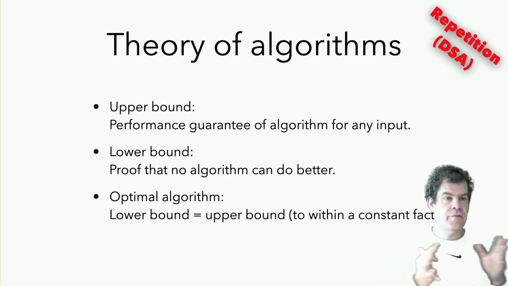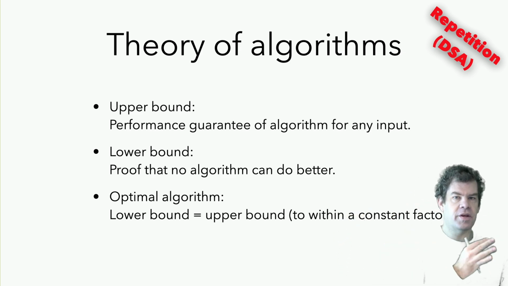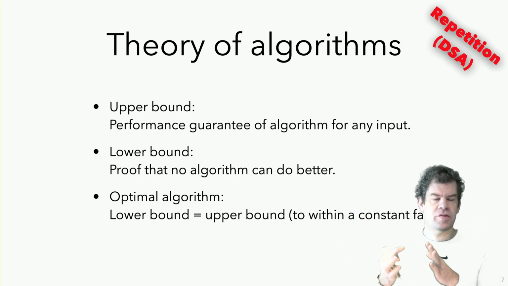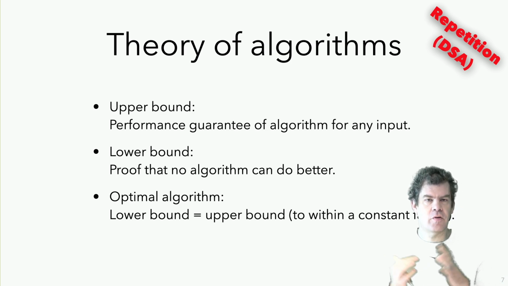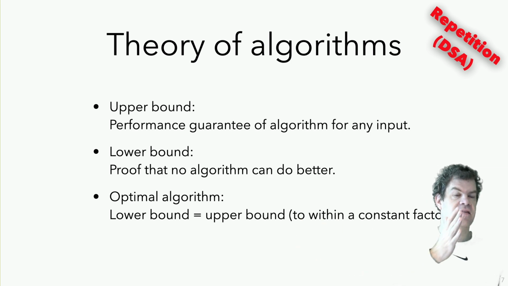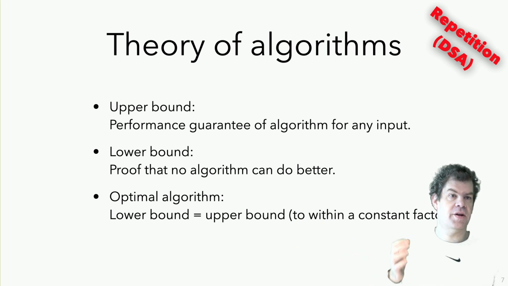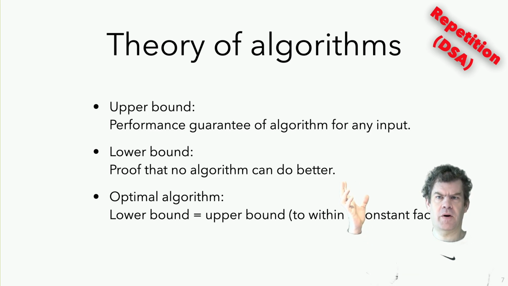At least with traditional computers, you have to scan this list from the beginning to the end. Why? If I just skip one element and I have no clue about the distribution of the elements, this one element might be the one that I'm looking for. So I need to look at every element to be certain that it's there or not there. With that consideration, I can easily argue that it takes at least linear time to figure out whether an element is in there or not. So this is a lower bound.